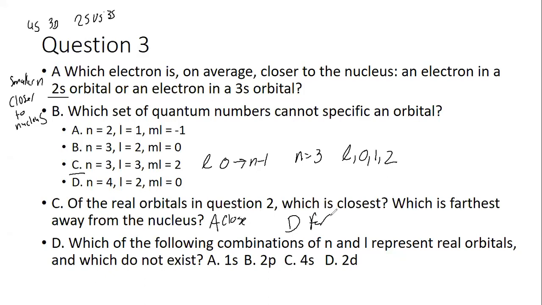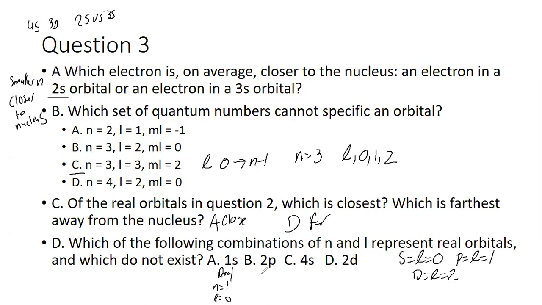Okay, which of the following combinations of n and l represent real orbitals? Which ones do not exist? Let me pull up the poll again, because this one was all over the board. I'm just going to remind you what these letters mean. s is l equals 0. p is l equals 1. d is l equals 2. So when I say 1s, I'm saying n equals 1, l equals 0.